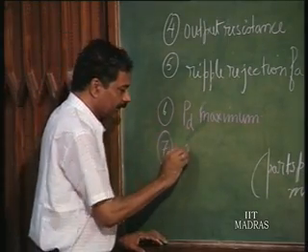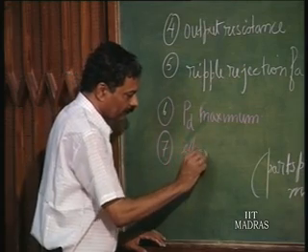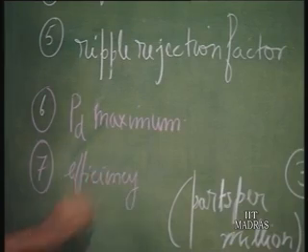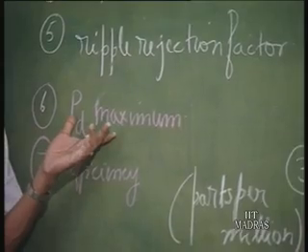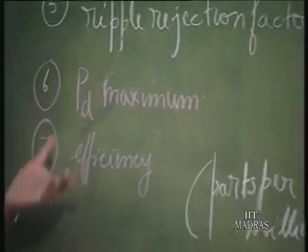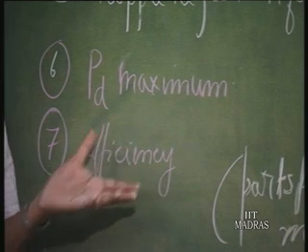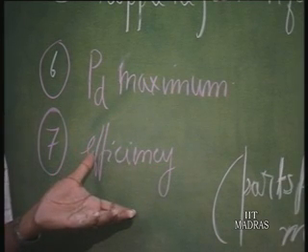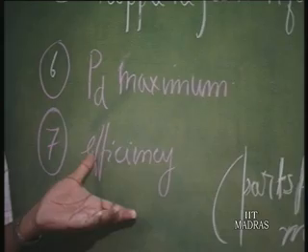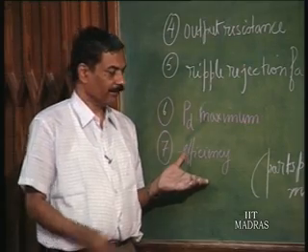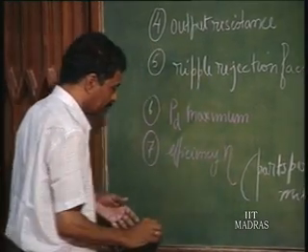Then efficiency. Consequent to loss of power in the regulator, the output power dissipated divided by the input power is a factor in determining whether this regulator is efficient or not. So, efficiency is another measure.